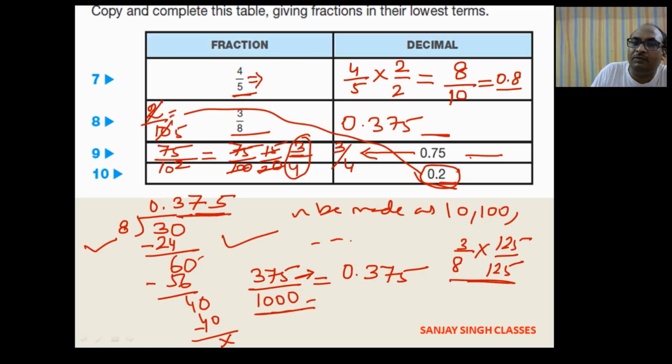So the answer will become 1 by 5. So for this, the answer is 1 by 5, which we need to write here.